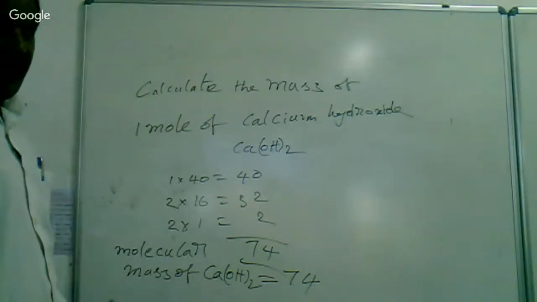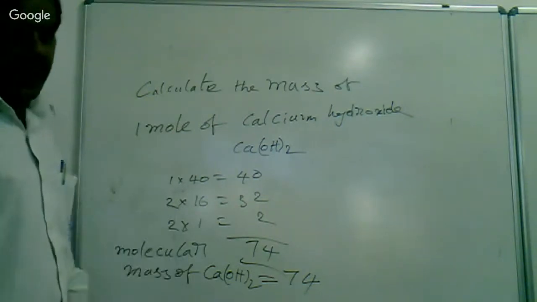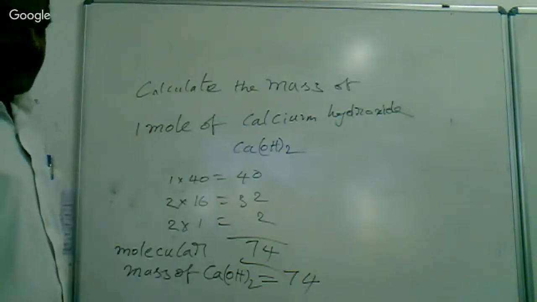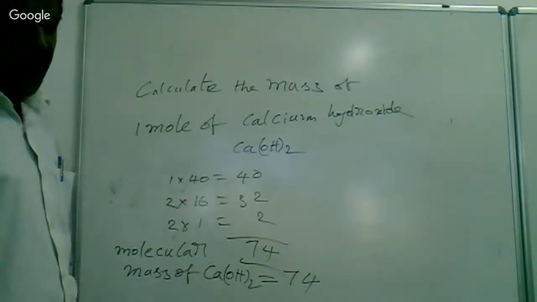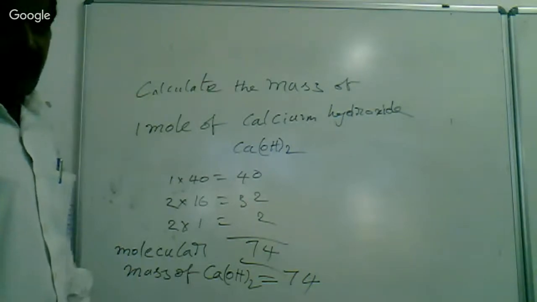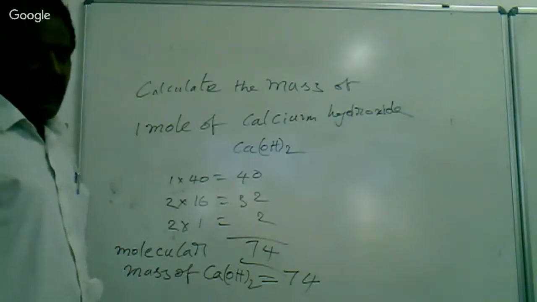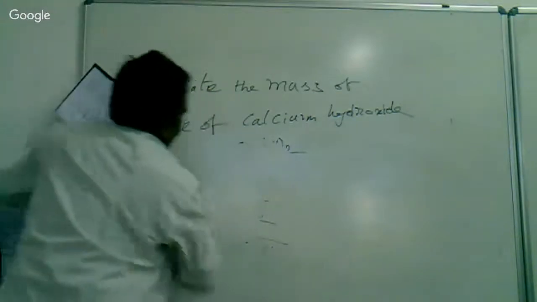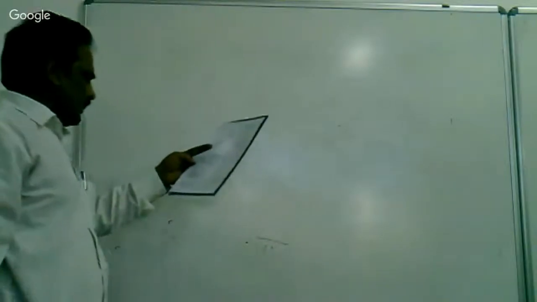Then only you can calculate on your own. So please look at the atomic weights as and when it comes, and definitely they will be given in the question paper. At the same time, we must also get acquainted with the very common atomic weights. Okay. Then we go for the next problem.